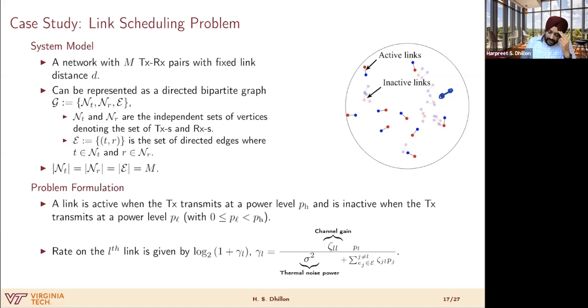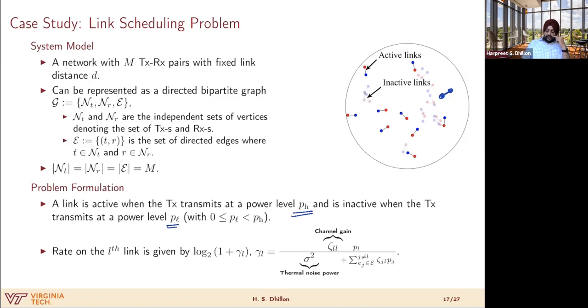Now the problem formulation. What we are trying to do is come up with a power allocation for each transmitter. Either it will be a high power transmitter or a low power transmitter. High power transmitters will be transmitting at PH, and the low power transmitters will be transmitting at PL.